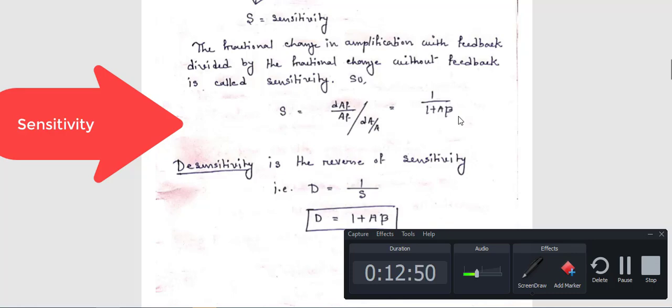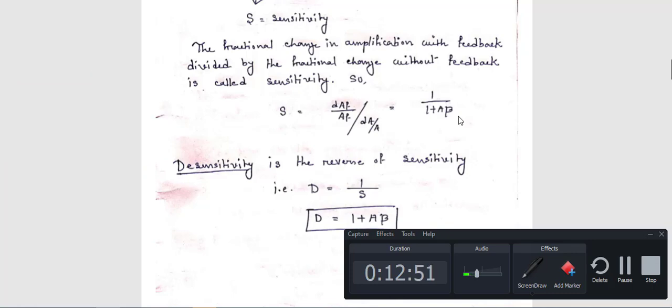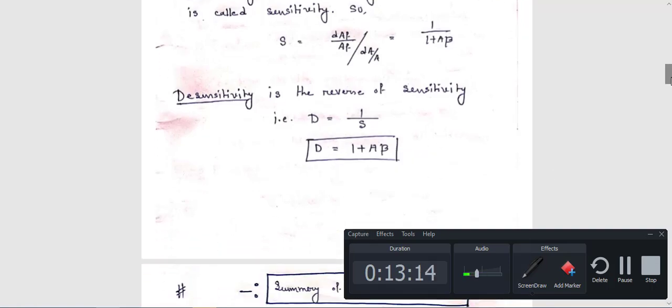Now one more term is associated with this part, that is desensitivity. Desensitivity is just the reverse operation of sensitivity. That means desensitivity D is equal to 1 by the sensitivity. So what is desensitivity for a negative feedback amplifier? It will be 1 plus A beta. Now if I ask you what is desensitivity for a positive feedback amplifier?